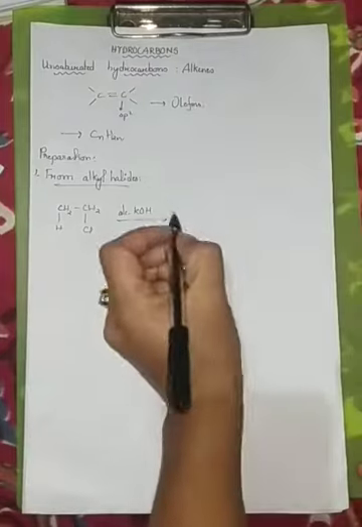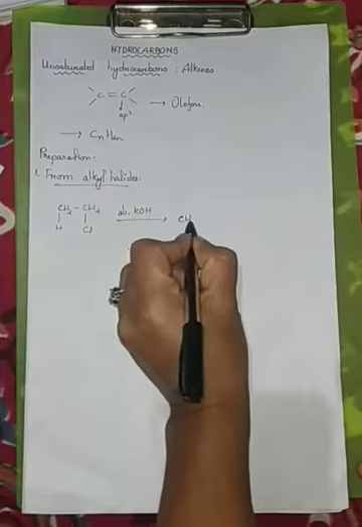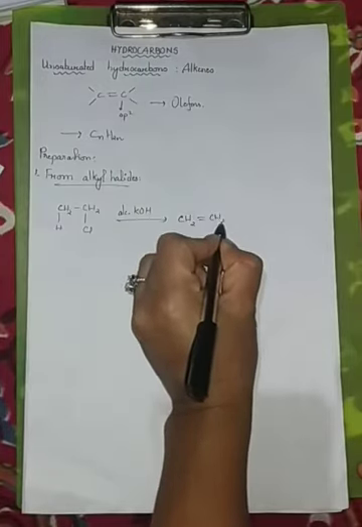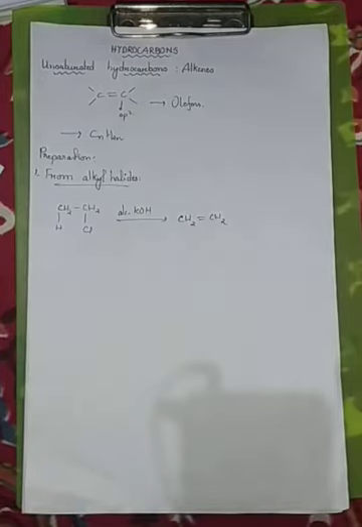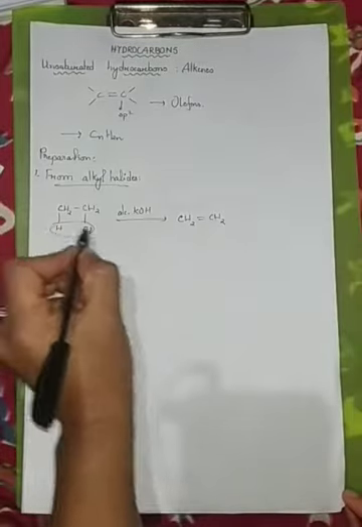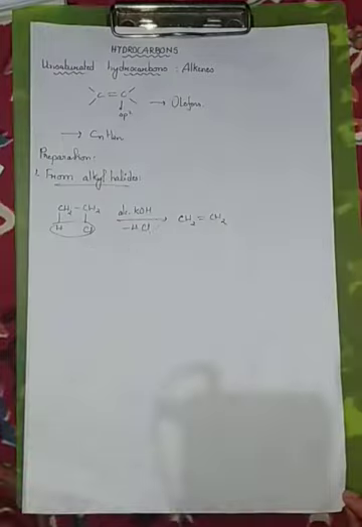Therefore, our alkene is formed here with the removal of HCl as hydrochloric acid. This is the preparation method of alkenes from alkyl halides. It is also known as dehydrohalogenation reaction because there is removal of both the halogen as well as the hydrogen in the form of halogen acid.